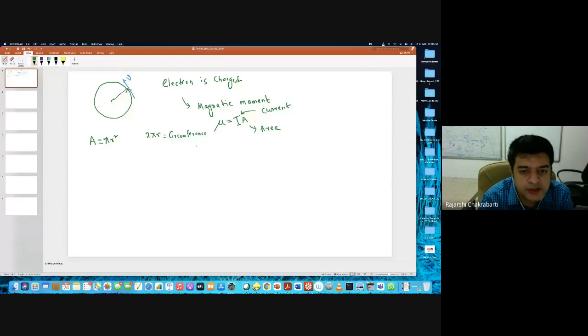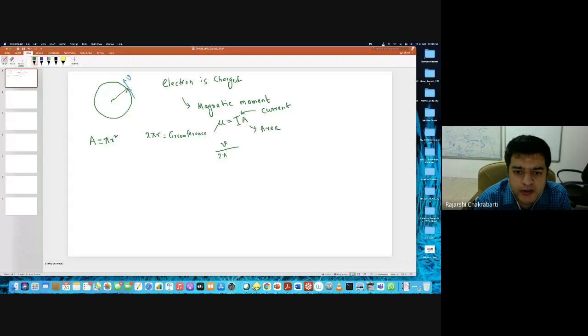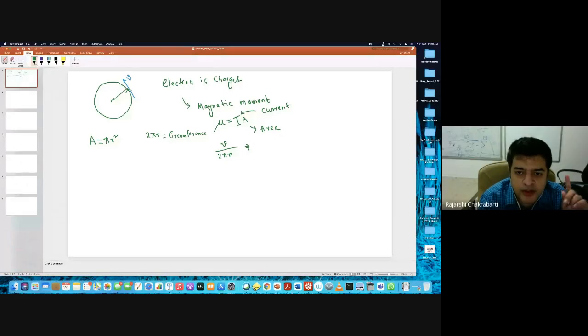Velocity is displacement per unit time, isn't it? So if I divide this velocity by twice pi r, this will give you frequency, isn't it?